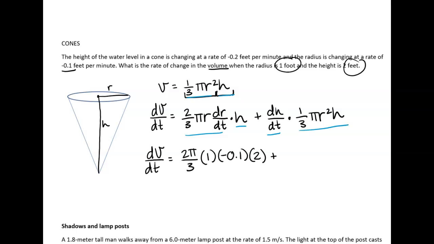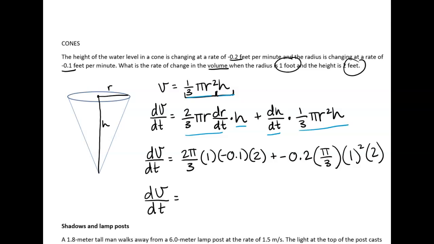Plus the rate of change of the height, which is dh/dt, and that was negative 0.2. Instead of 1/3 pi, let's make it pi over 3. The radius was 1, so r squared is 1 squared, and our height is 2. If you put all this in your calculator, you end up with dV/dt, or the rate of change in the volume, as negative 0.628. Since it's volume, we'll have feet cubed per minute.